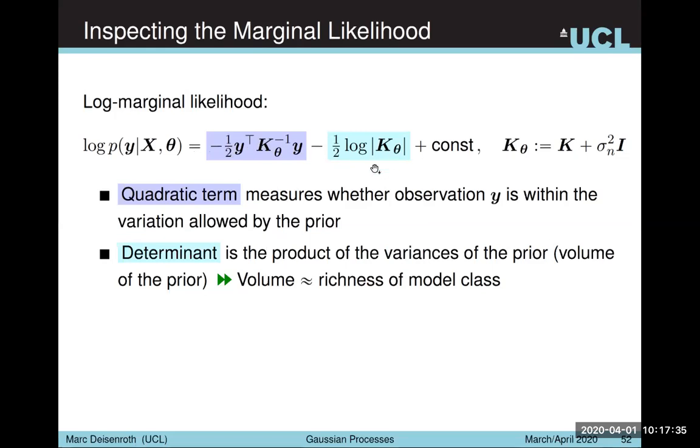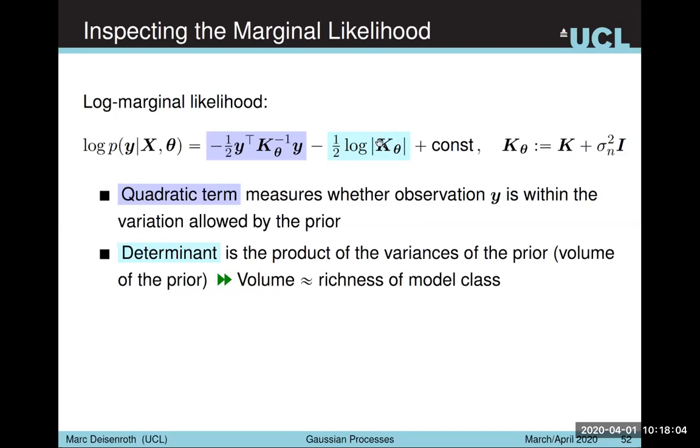And then the other term is this log determinant term, which we subtract from this term. Ideally the log determinant goes to something that is negative, so we want to make the volume of k as small as possible.